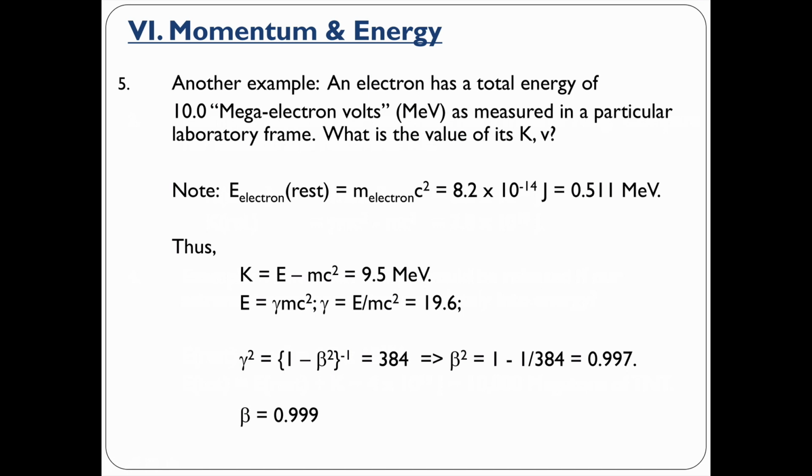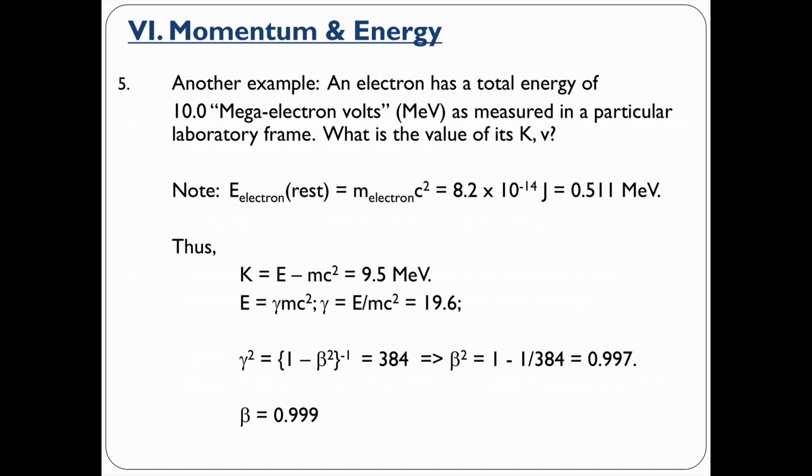So in the rest frame, the mass of the electron times c squared is 8.2 times 10 to the minus 14 joules. That's not a whole lot. Electrons are not that big. And that gives you the canonical value of about half an MeV, so 0.511 mega electron volts.